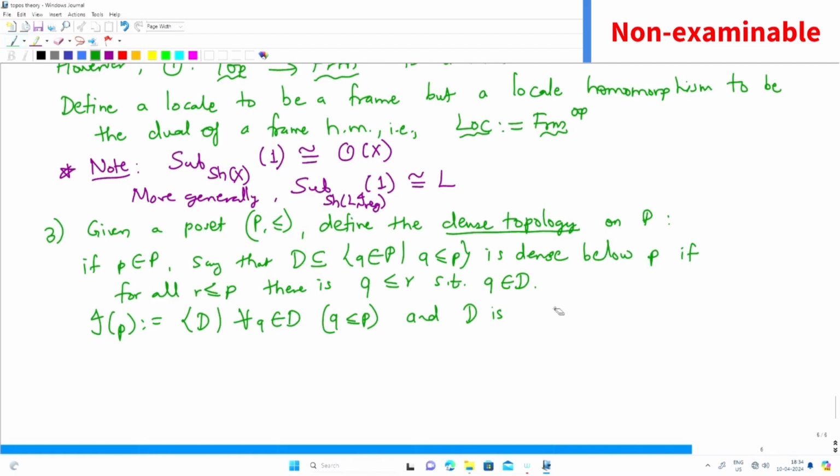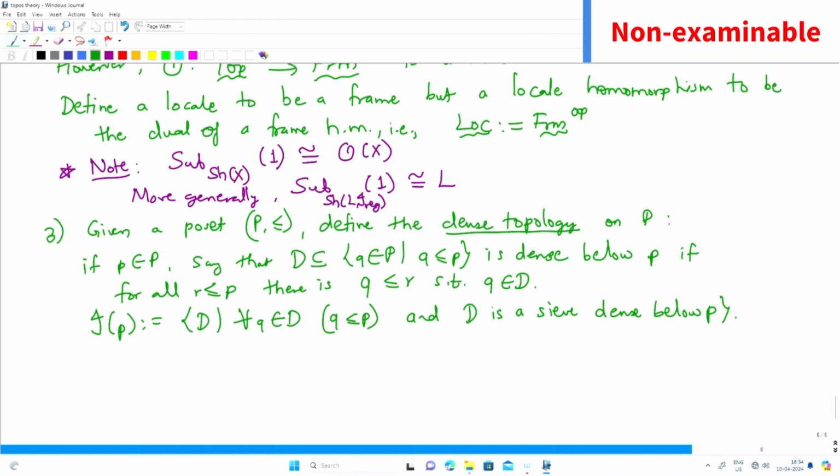D is a sieve dense below p. A sieve in a poset is nothing but a downset. So it's a sieve which is dense below p. That is the collection.